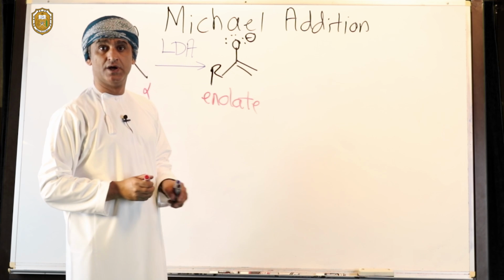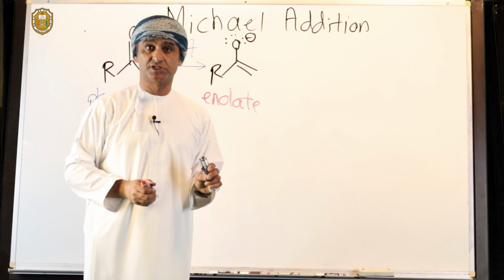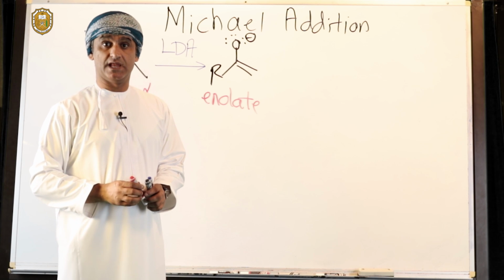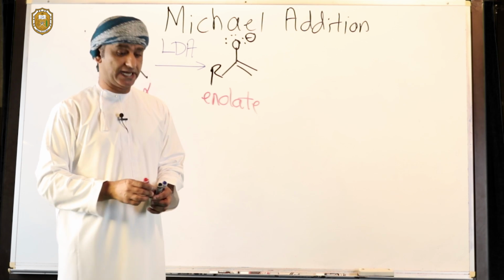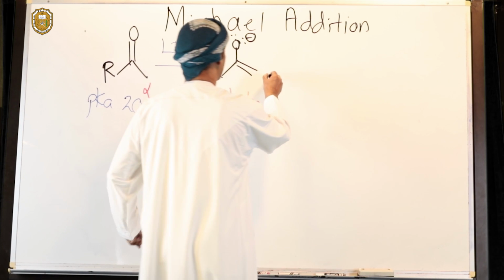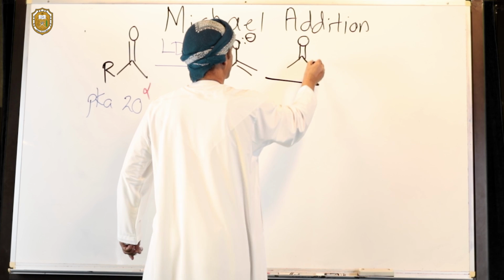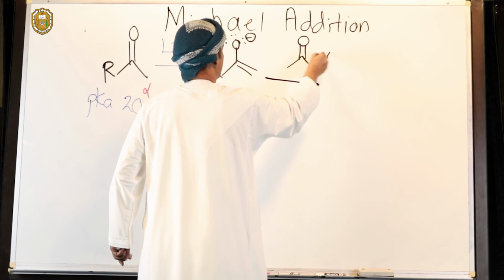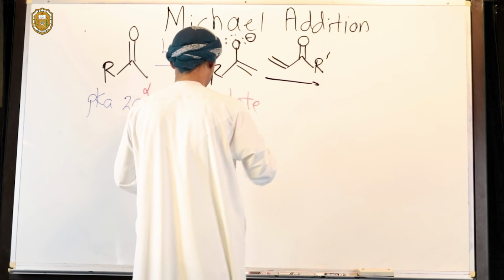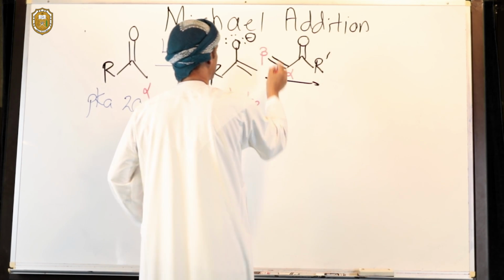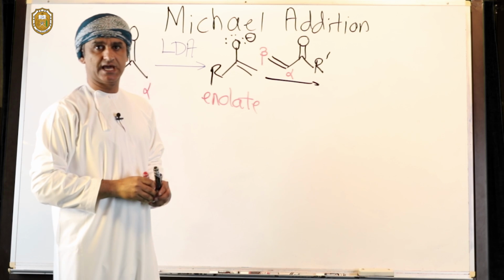What if now, and that's really the point of this discussion, an enolate is reacted this time with an alpha beta unsaturated carbonyl compound? So if this enolate is treated with an alpha beta unsaturated carbonyl compound, something like that, there is a double bond between the alpha and the beta carbons.